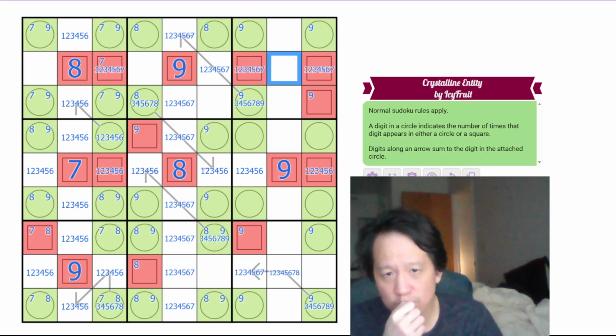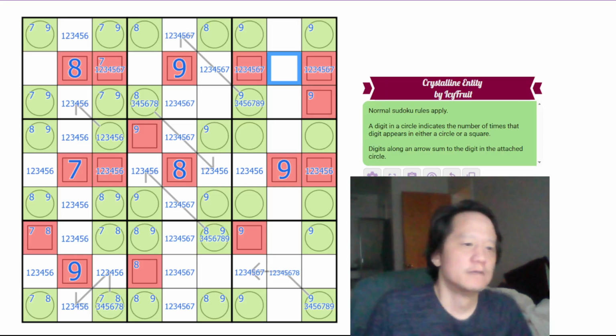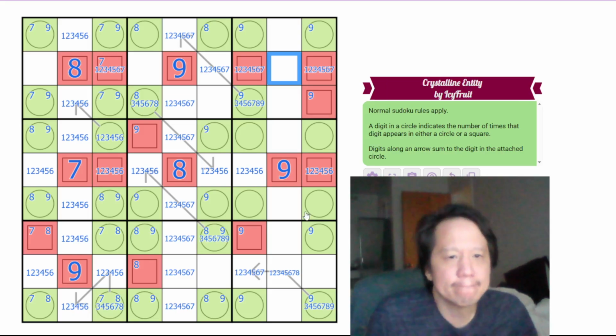You still could have a single digit that's not in a circle.